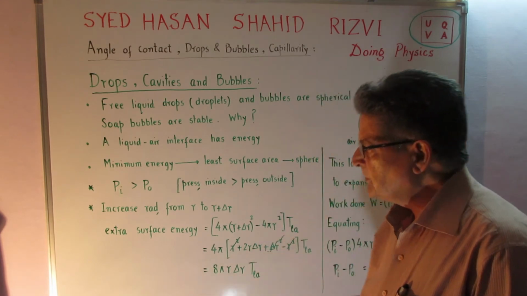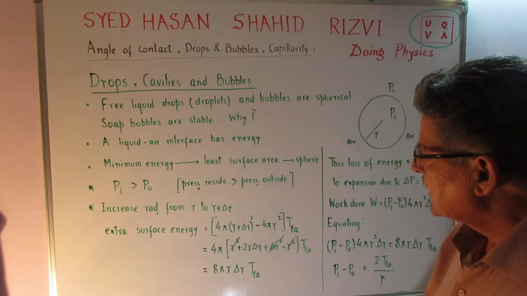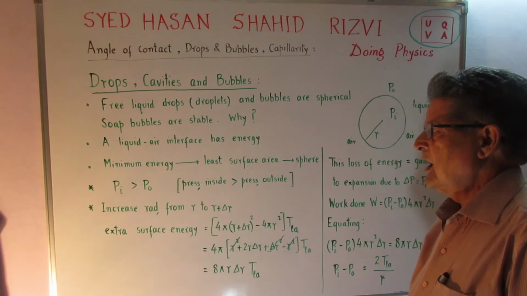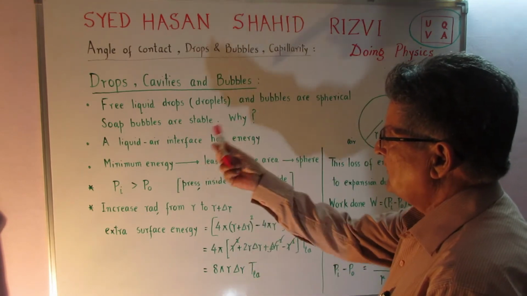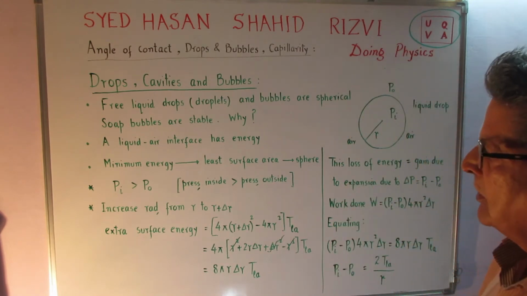So are soap bubbles, and soap bubbles are stable. And after this discussion, I would suggest that you answer why the soap bubbles are stable. Okay, try to find it out all by yourself.